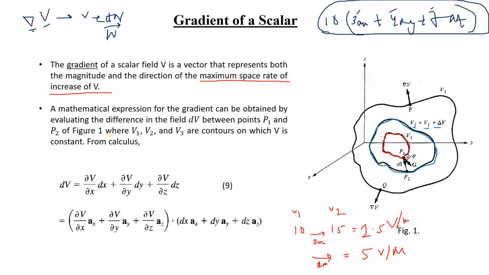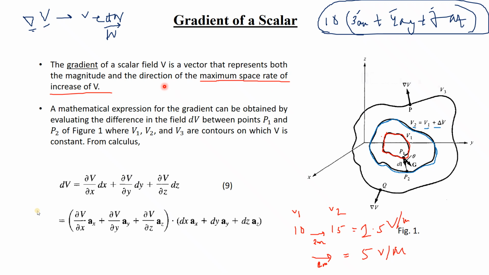So that path is called the direction of the gradient of V. The gradient of V is a vector having a magnitude, the maximum space rate, and a direction, the shortest path through which it obtains that maximum space rate.